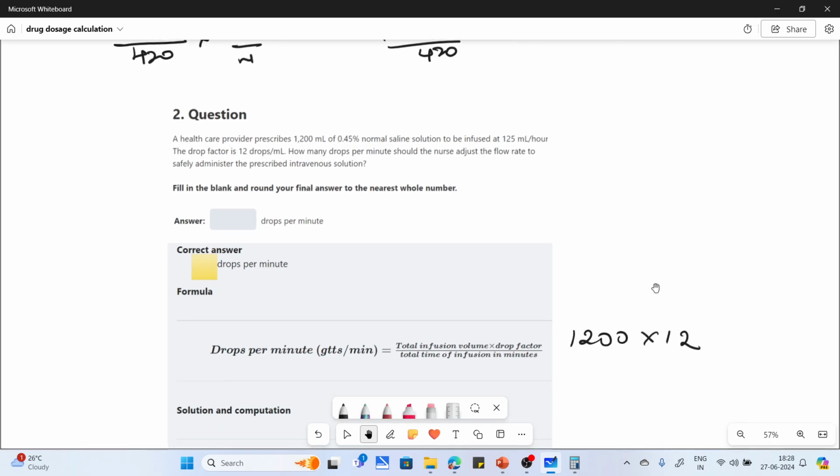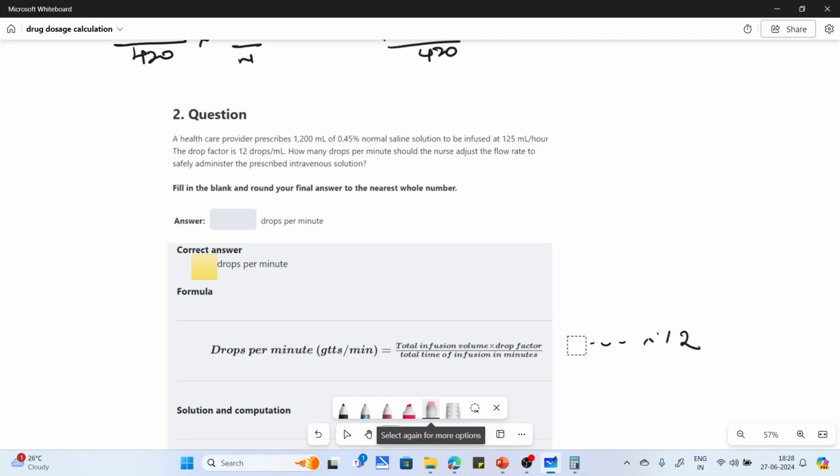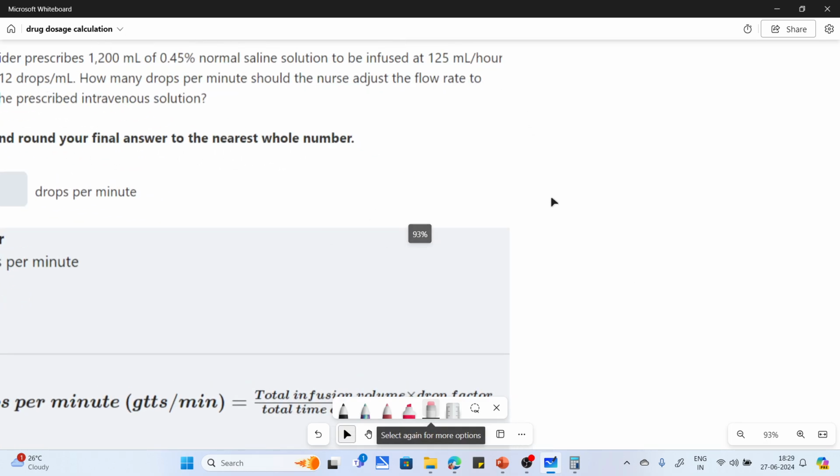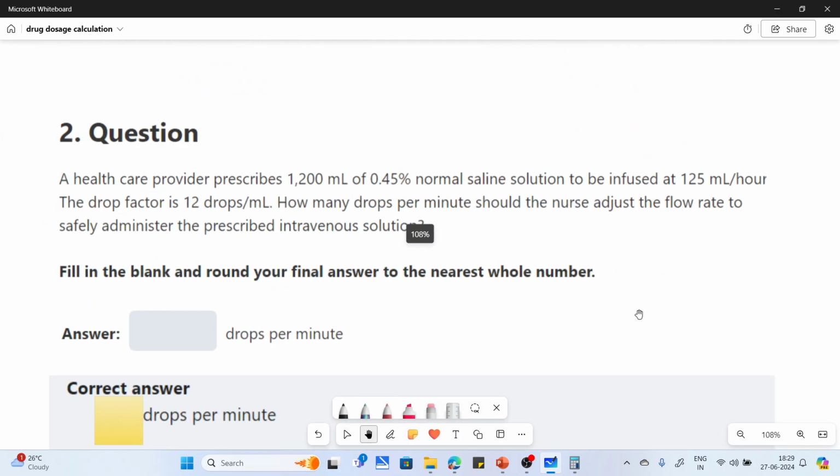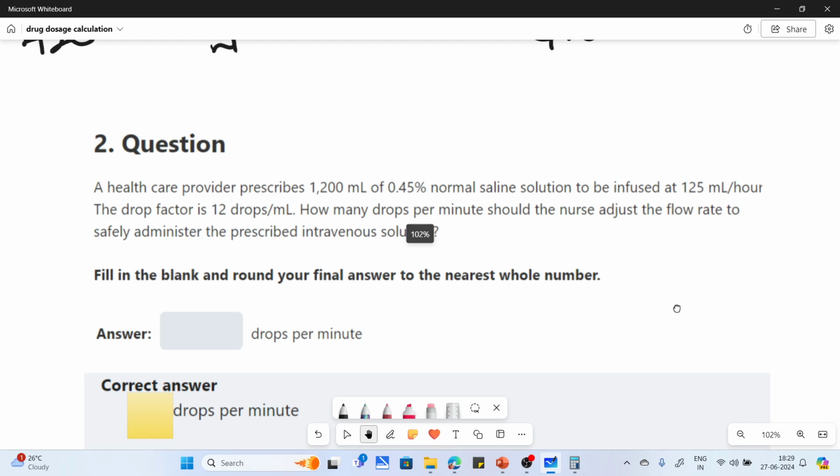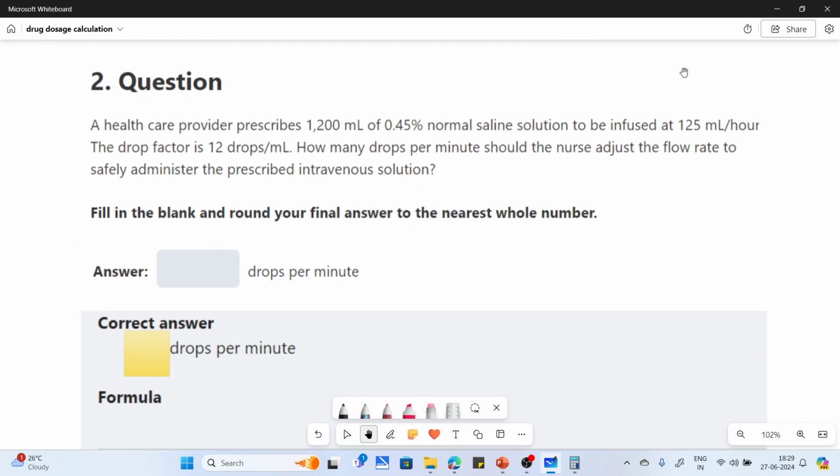Second question. So the second question is, a healthcare provider prescribes 1200 ml of 0.45%, half NS. Usually full NS is 0.9%.